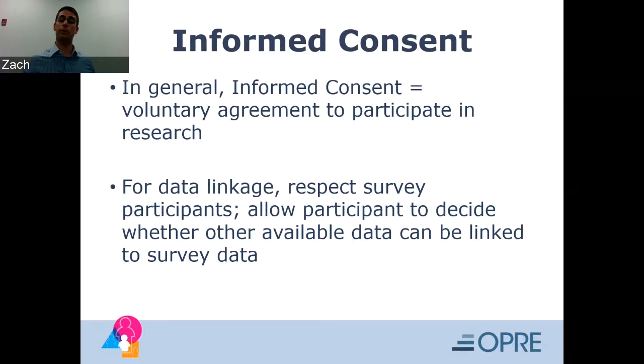Informed consent in general for research broadly would be voluntary agreement to participate in research. So in the linkage aspect, it would be permission to link the data to the survey data for research purposes.